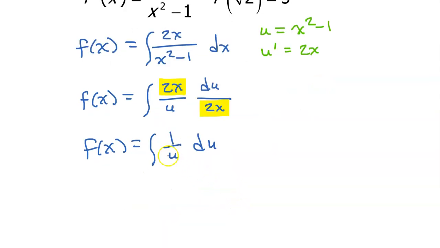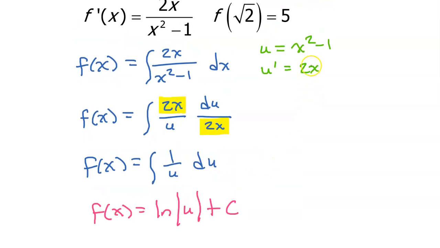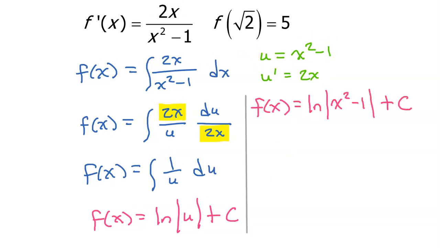So we will definitely use the memorized rule, which says that f of x will equal the natural log of the absolute value of u plus c. So let's go ahead and substitute x squared minus 1 back in for u. So now we have this.